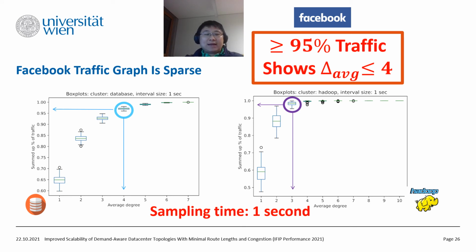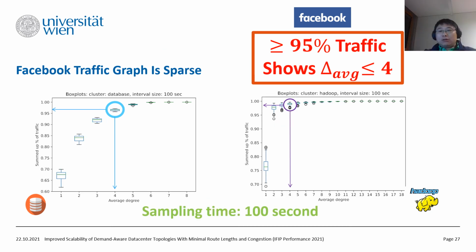We have analyzed both database and Hadoop. We found more than 95% of traffic shows a graph with average degree at most 4. And when we change the sampling time to 100 seconds, the situation still holds. That's why we think the Facebook traffic graph is sparse.